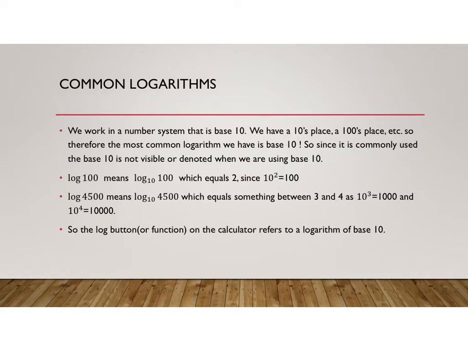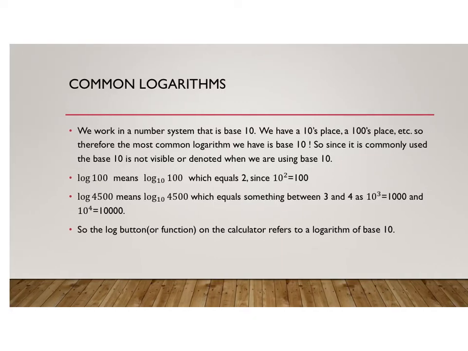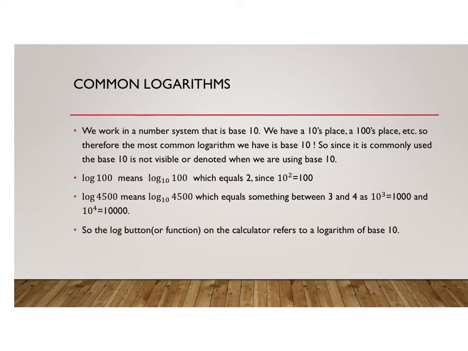For example, the log of 100 in this example simply means log base 10. So as we've learned already, that means what's the power of 10 that gives you 100, which equals 2, since 10 squared is 100.